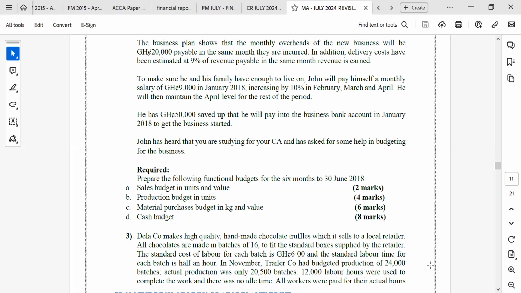Please, I said that the question says he wants to keep inventory level, that is for the material, at 30% of the following month's material requirements, which means that if you take January, they want to keep 30% of the materials that will be used for production in February as closing inventory.